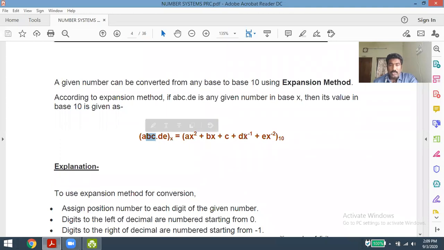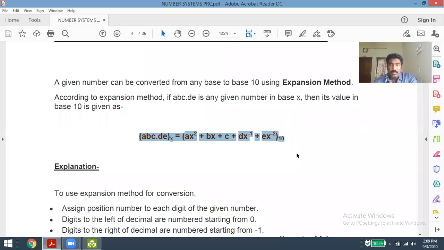Here we make the powers negative, that is D into x power minus 1. So here it is x power 1, and here it is x power minus 1, and in between it is x power 0. This is the simple formula to remember for converting any base to base 10.